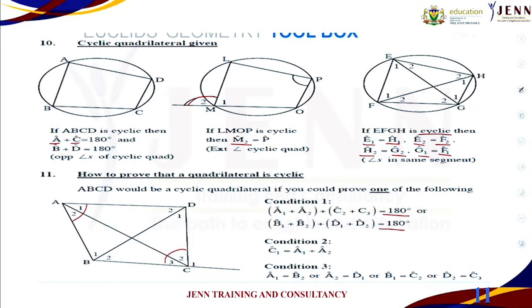If you could prove that angle C1 is equal to angle A, then we know that the quadrilateral is cyclic. The third condition: we are going to prove either angle A1 equals angle B2, or angle A2 equals angle D1, or B1 equals C2, or D2 equals C3.